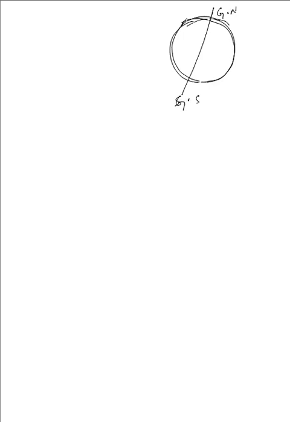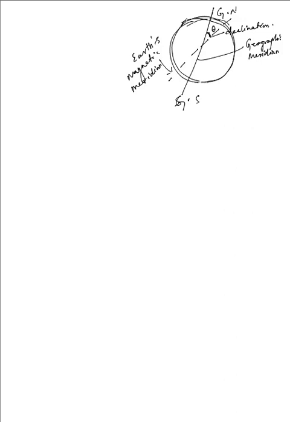And with respect to that, you have the Earth's magnetic meridian, and as you can see, it is a bit tilted. It's not aligned with the geographic meridian. So the tilt is what we call the declination. So that is known as the declination of the Earth's magnetic field with respect to the geographic meridian.